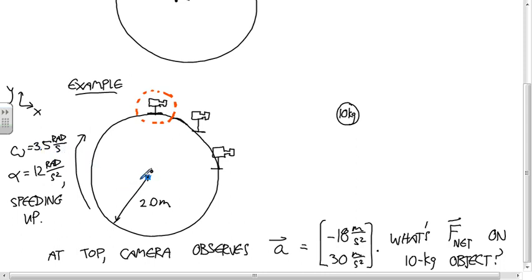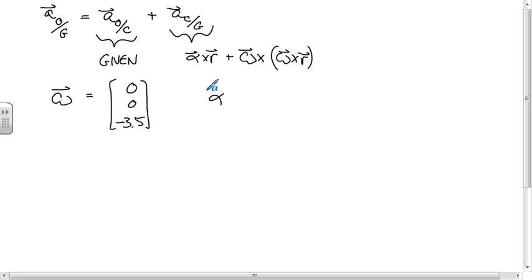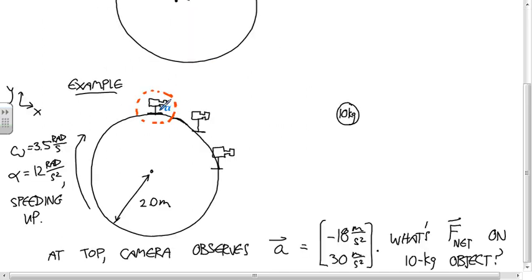So it has to be either in the positive or negative z direction. This is speeding up, which means it's in the same direction as omega. So alpha is equal to 0, 0, negative 12. We were told that we're looking at the instant when the camera is at the top of the motion. So our r vector in this case, since the radius is 2 meters, is 0, 2, 0.